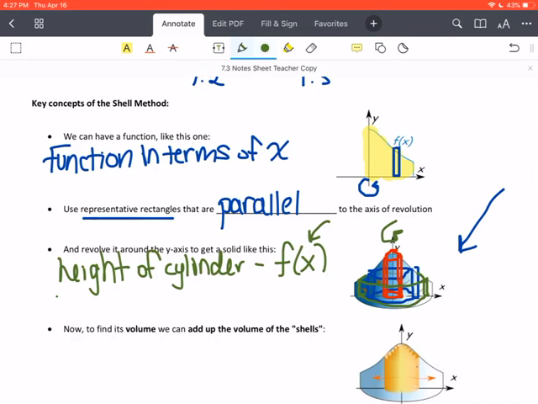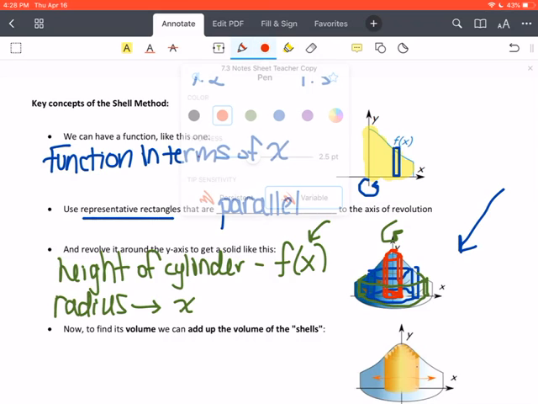We know that we have to consider the radius of each cylinder in order to find the volume of each separate shell. Now, the radius of these cylinders is simply x. If you look at each cylinder, I started at the origin, and for the red cylinder, x is small because it's close to the origin, and for the green cylinder, x is going to be larger, but it's simply defined by the distance from the axis.